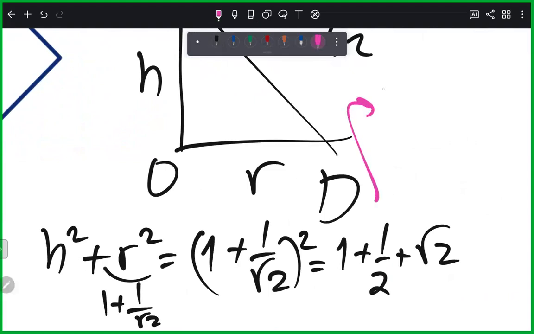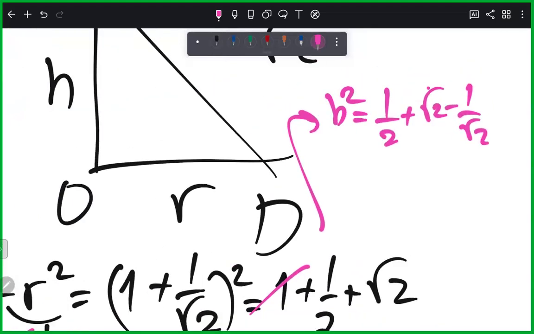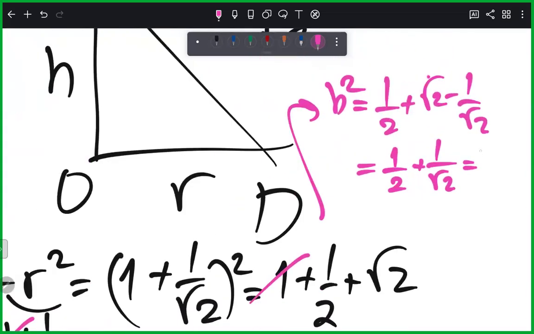So let's do it here. H squared equals, once the ones cancel each other out, we subtract 1 over root 2 from the other side. So we basically get 1/2 plus root 2 minus 1 over root 2. Root 2 minus 1 over root 2 is indeed 1 over root 2. So this is 1/2 plus 1 over root 2, and then this combines as (root 2 plus 1) over 2 root 2.